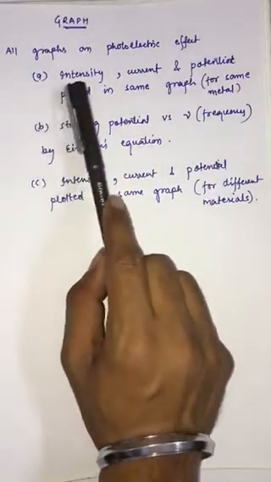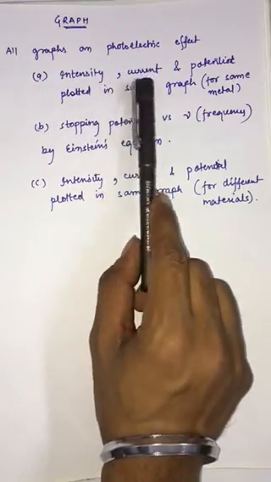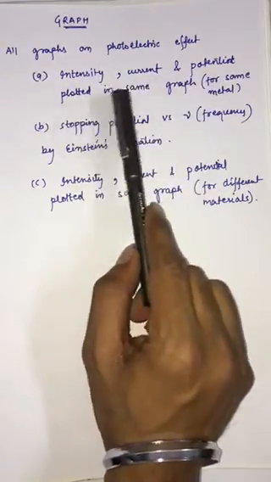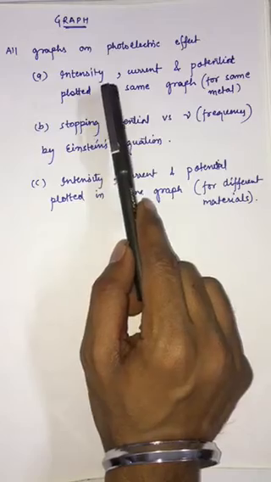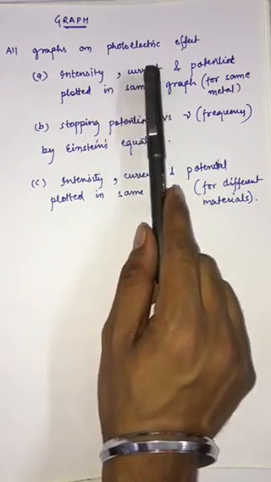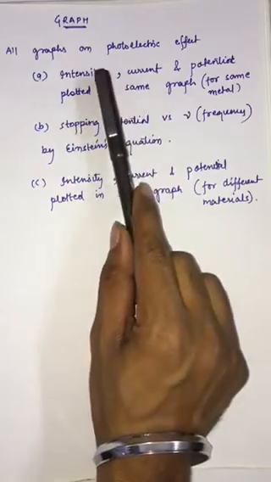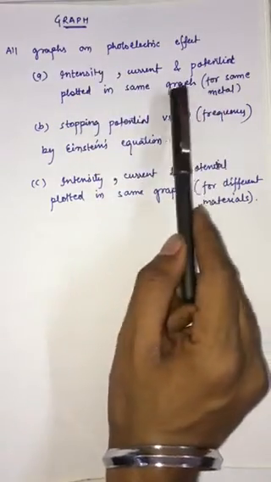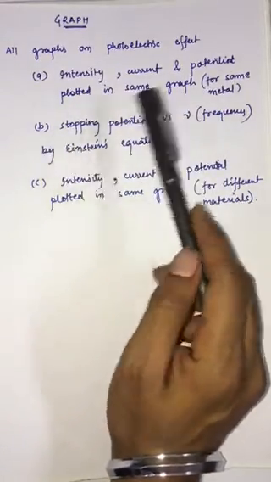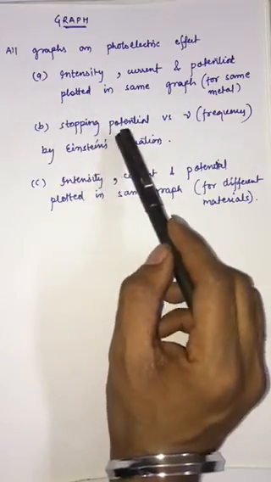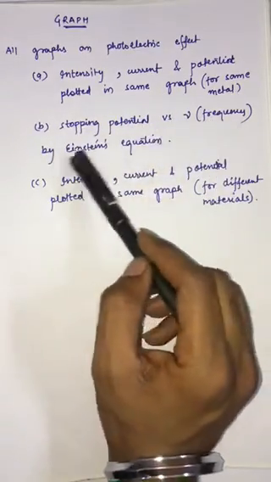So the first graph is current versus potential plotted in the same graph for different intensities for the same material. So this is the first graph. The second graph is stopping potential versus frequency by Einstein equation.